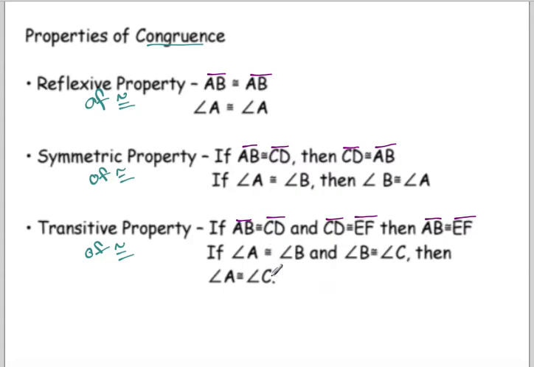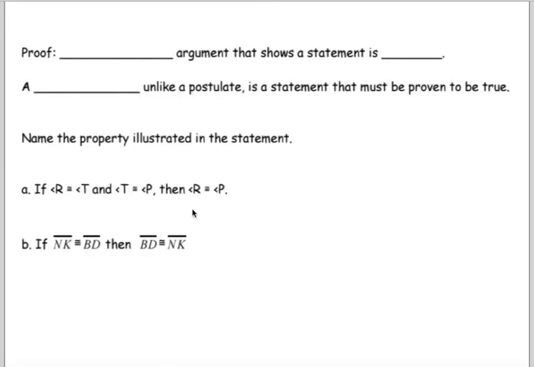So if you're feeling like that, you need to go with transitive property of congruence. A lot of the time when you feel like it's substitution, check the symbol. If it's an equal sign, you can put substitution, but if it is a congruent sign, you have to put transitive property of congruence. So let's practice some of these.